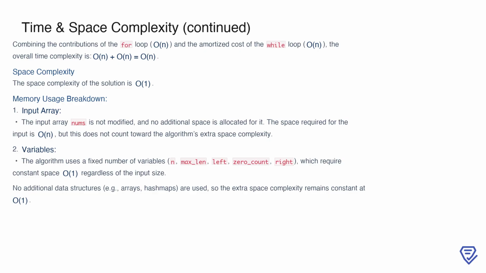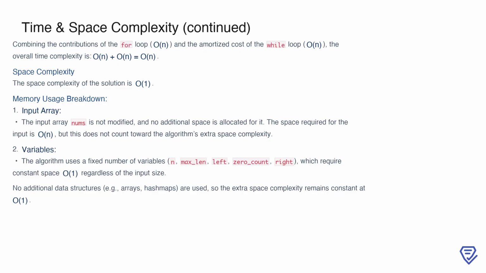Now, let's examine the space complexity. The space complexity for this solution is O(1), which means the algorithm uses constant extra space regardless of the input size. Breaking this down, the input array nums itself is not modified, and no additional space is allocated for it. While the array does occupy O(n) space in memory, this does not count as extra space used by the algorithm.